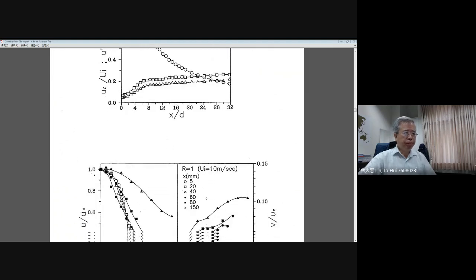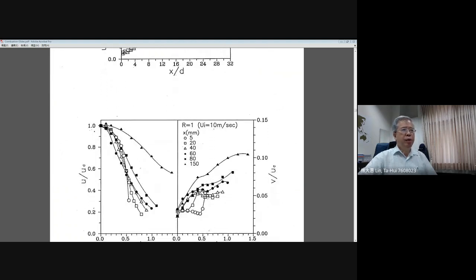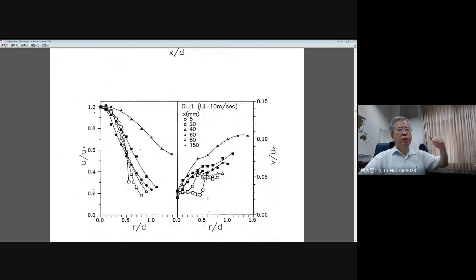And you can see if you increase the axial position from 5, 20, 40, and 60, you can see the radial velocity distribution gradually expand along the radial direction, right?